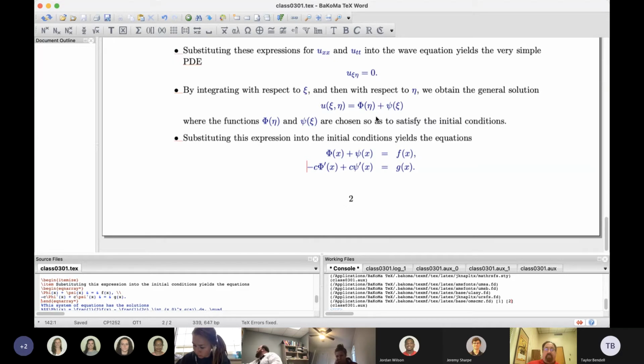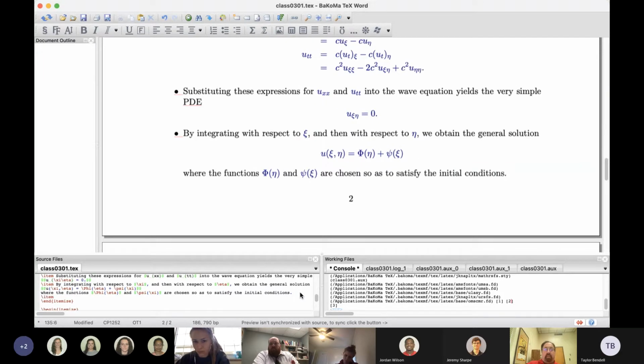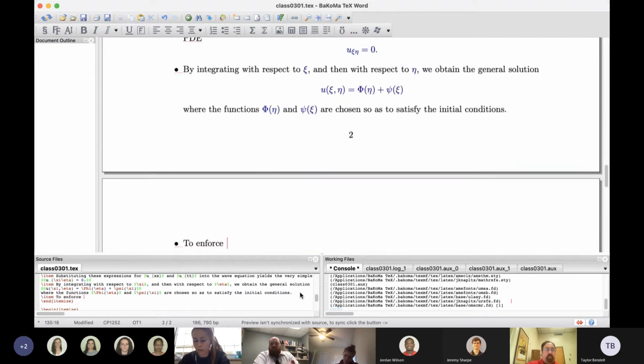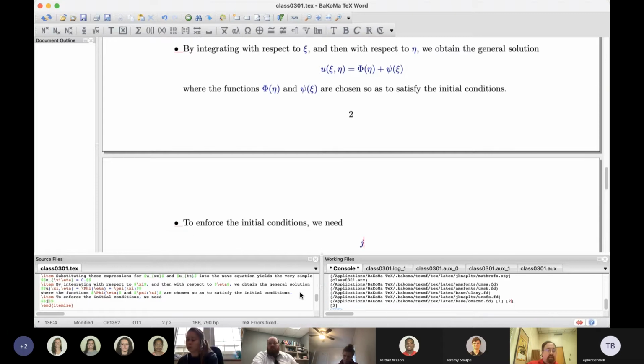Similarly, if I take the derivative of this with respect to t, actually, I'm going to do that here so you can see where it's coming from. All right, so du dt.